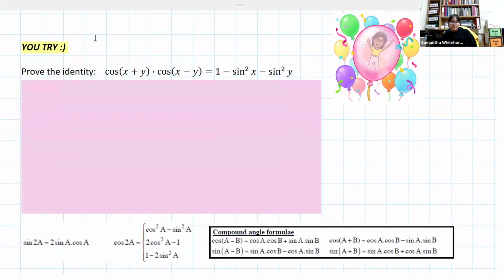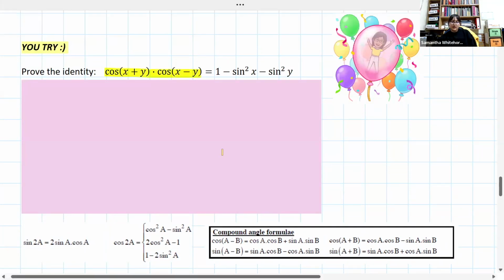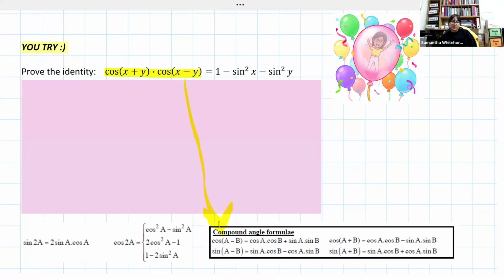What I do want you to be mindful of is that this situation over here should be reminding you of something going on in this situation down here with the compound angles. That's all I'm going to say. So give it a try.